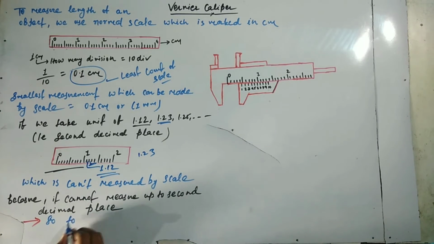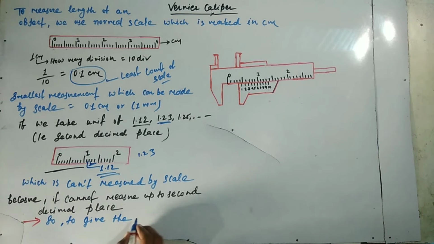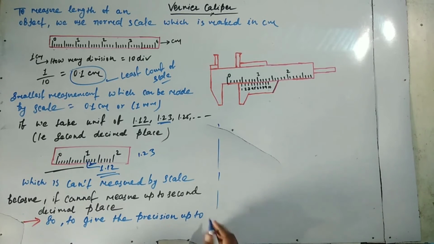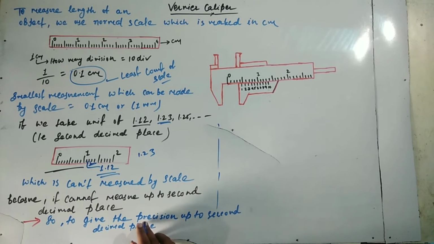That is the purpose of the Vernier caliper. By the Vernier caliper, readings which have a second decimal place can be measured easily.